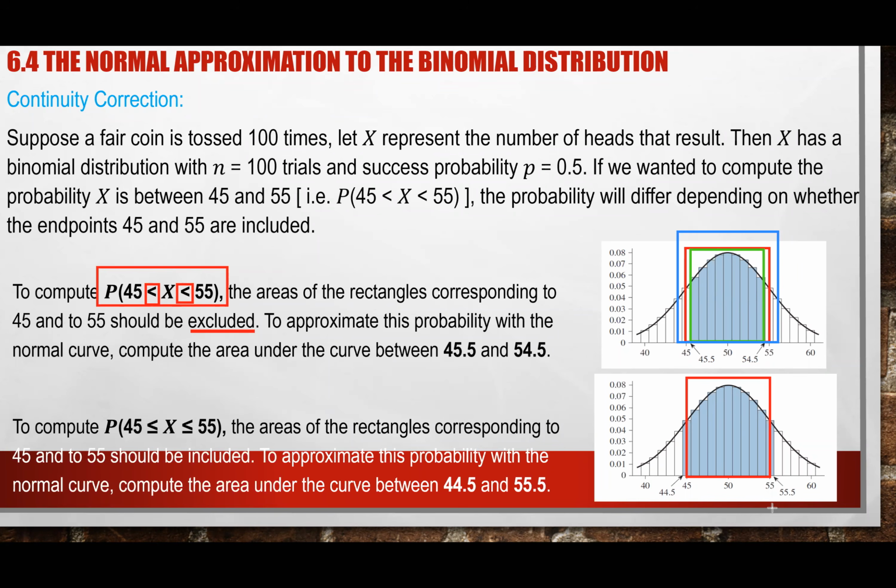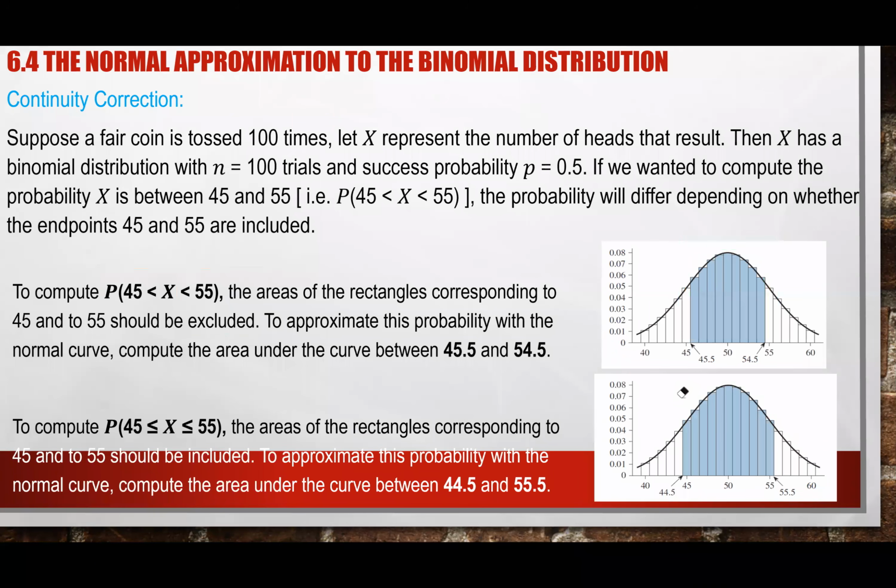Okay, so that's the idea of this figure, in the sense that you need to ask yourself two questions. Do you include the endpoint? And now, do you move it to the left or to the right from the endpoint? If you can answer that, this section will be very doable.